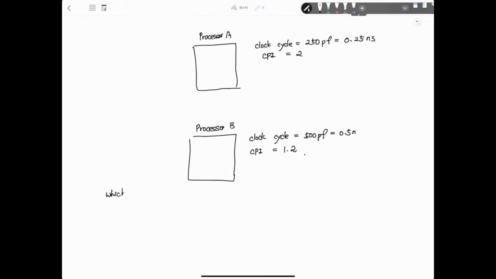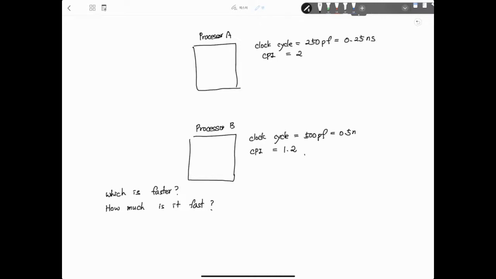Which is faster? How much faster is it? A, how much? 1.2. Okay, so how can you compute?